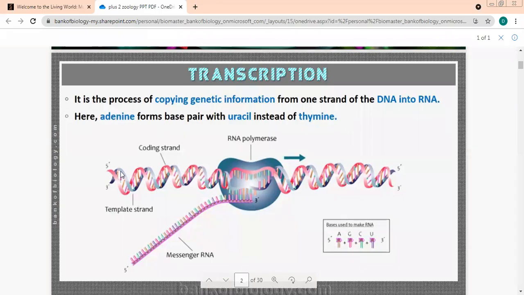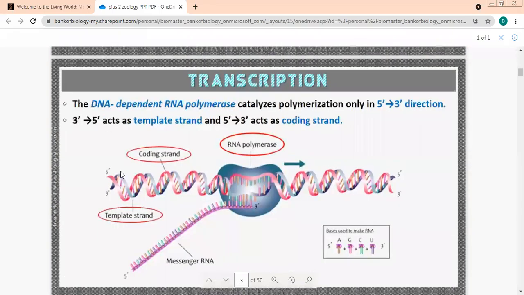Gradually. See, this is the enzyme that we have, DNA-dependent RNA polymerase. Since we have both DNA and RNA in the scene, the name of the enzyme is DNA-dependent RNA polymerase. What are we going to call this enzyme? DNA-dependent RNA polymerase.